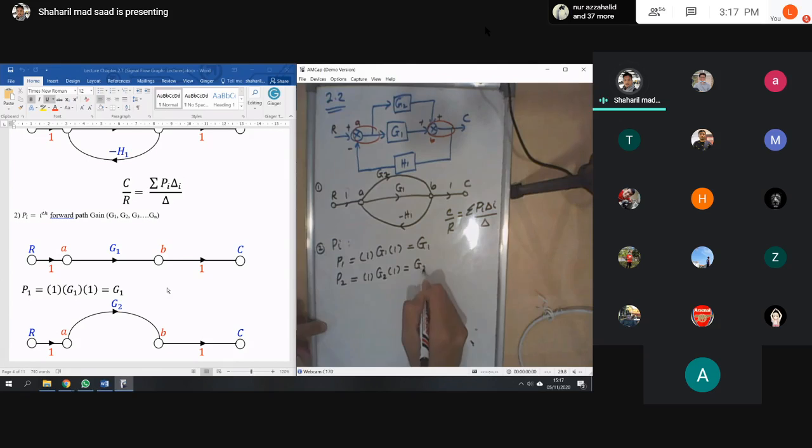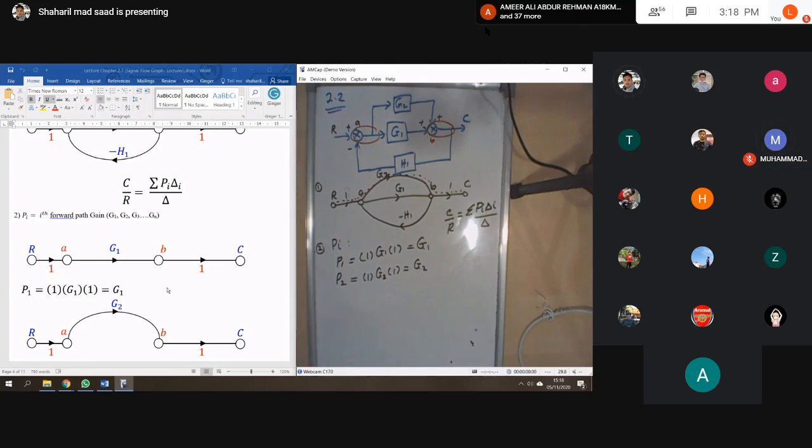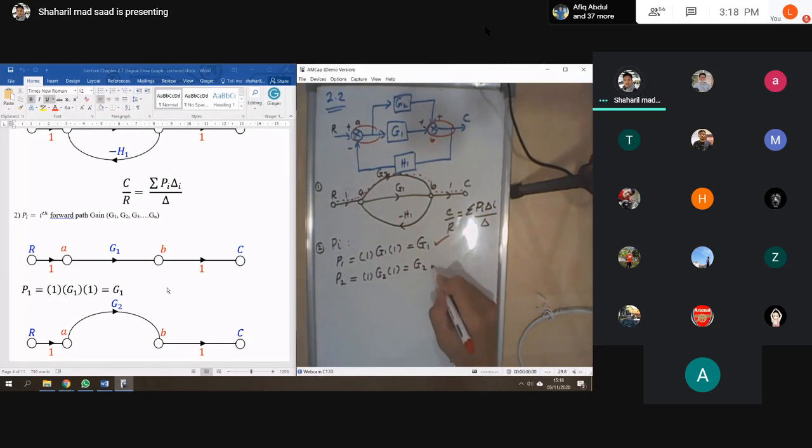So you get G2. This is the forward path, this one going to this and going to this. Is it clear? Okay. How about another one, 1, G1 and H1? No, right? So this one is not a forward path gain. So you only have P1 and P2.